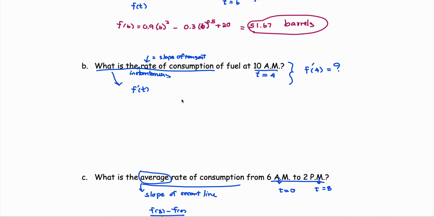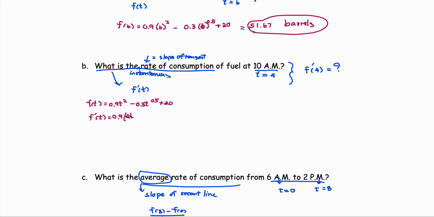In part B, what is the rate of consumption of the fuel at 10 a.m., or at 4? So we need f'(4). First of all, if F(t) is given by 0.9t² minus 0.3t^0.5 plus 20, therefore f' or the rate of consumption is the derivative of these 3 terms. Use the constant multiple rule, 0.9 times the derivative from using the power rule.